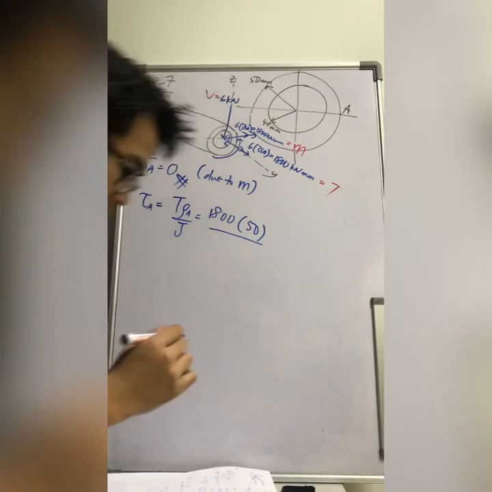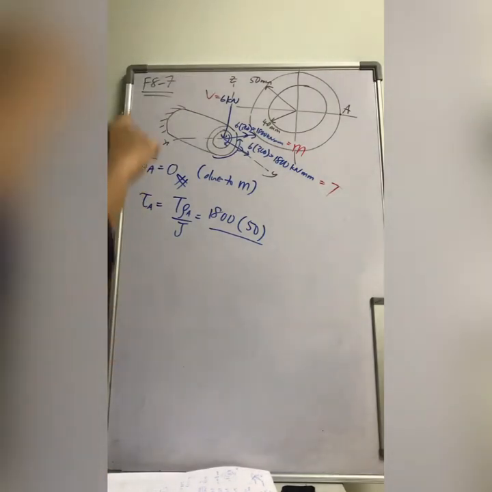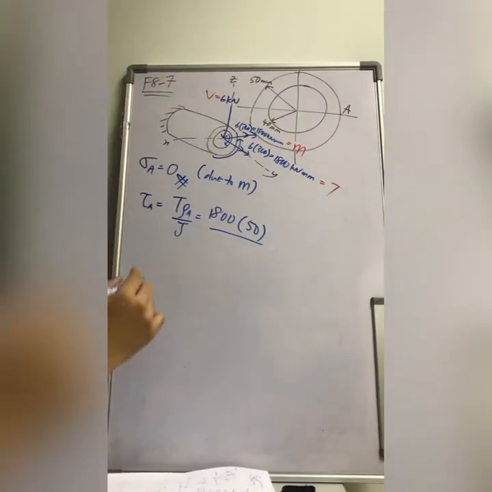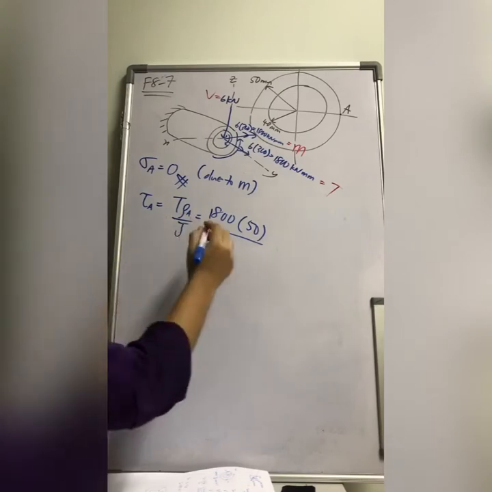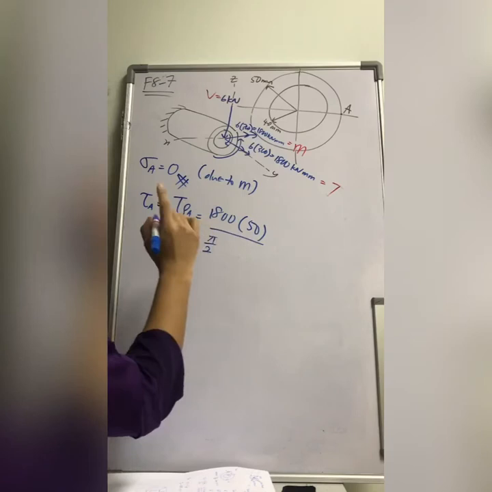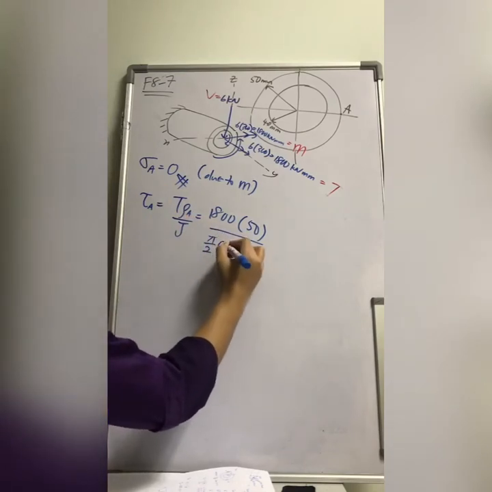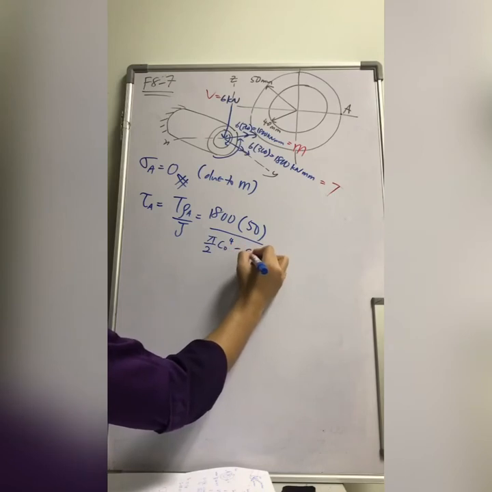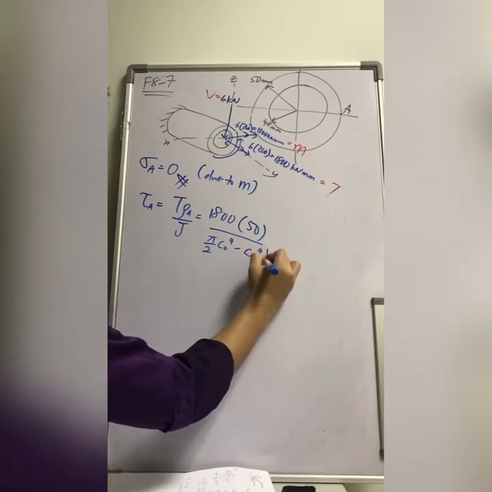J is the polar moment of inertia of this hollow circular shaft. So basically it is pi over 2, since I is pi over 4, pi over 2 times C outer to the power of 4 minus C inner to the power of 4.